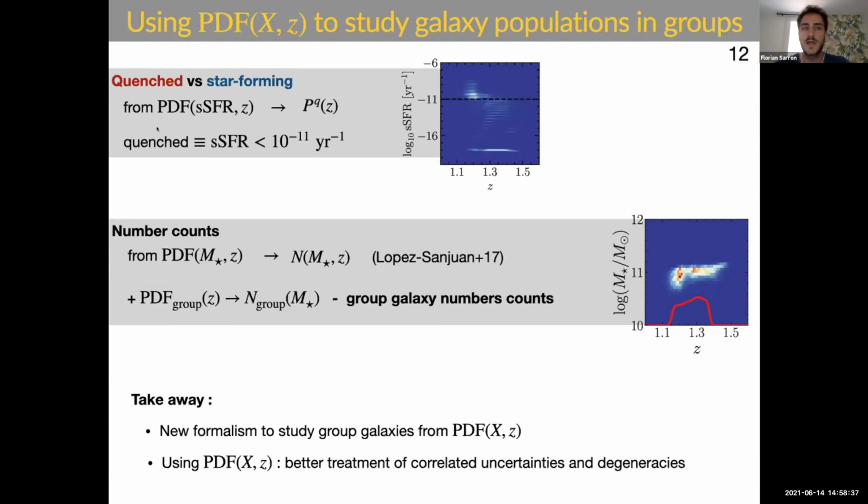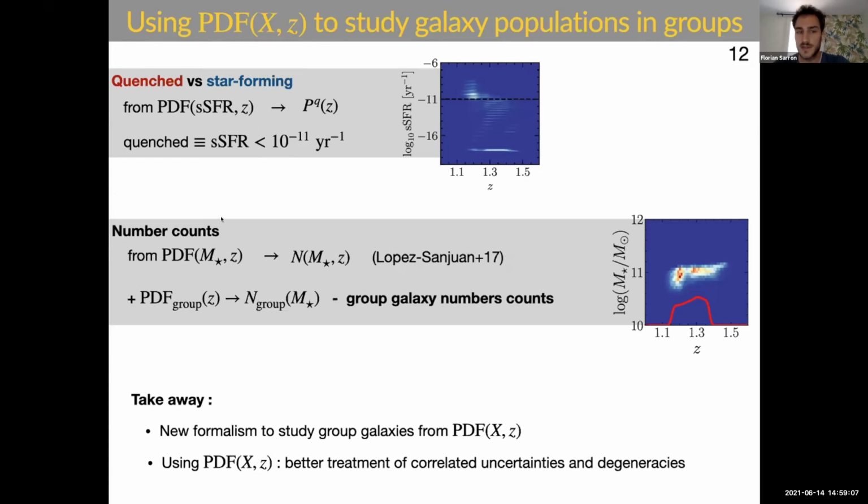So for example, for the classification between quenched and star forming, we used a cut in specific star formation rate, at specific star formation rate being lower than 10 to the power minus 11 per year. But we do not use a strong cut. Instead, for each galaxy, we can compute a probability that the galaxy is quenched, basically integrating in this direction the PDF of SSFR and redshift.